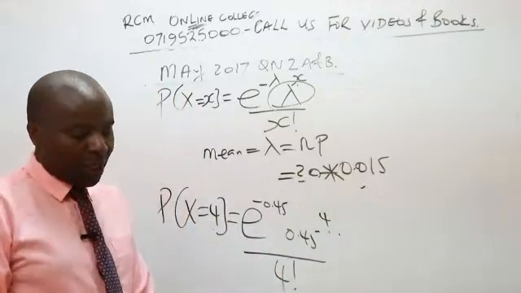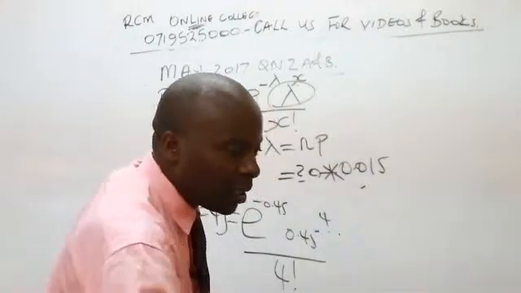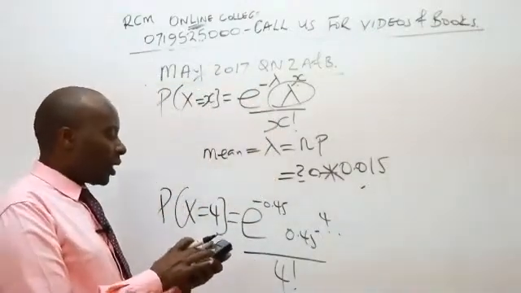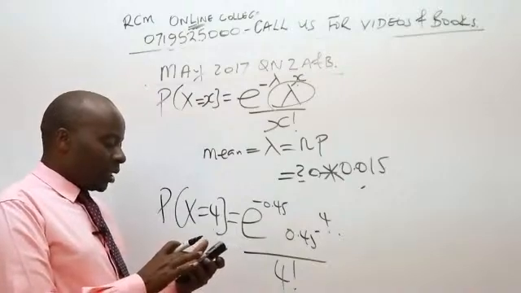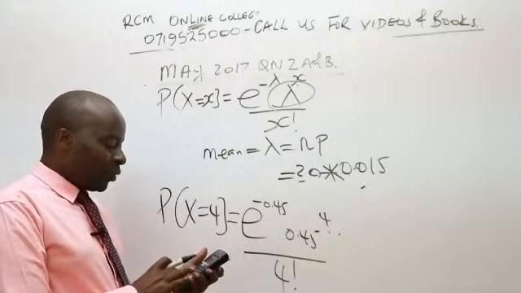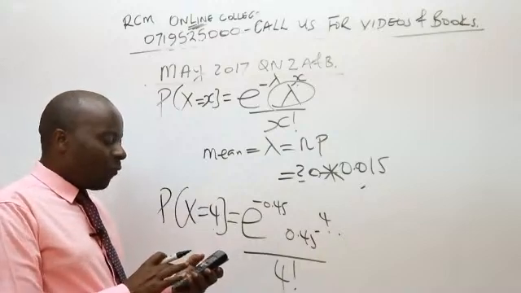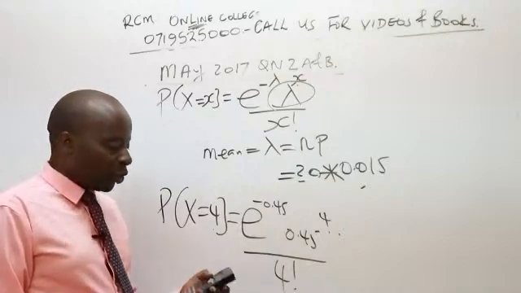So what you will need, ladies and gentlemen, right away is your calculator. E is there, minus 0.45, times 0.45 raised to power 4, divided by 4 factorial. I hope you are able to remember where the factorial is.